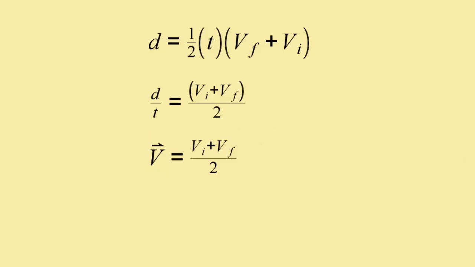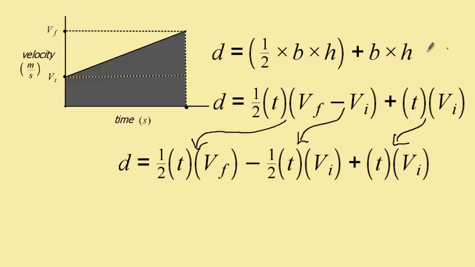What we did, just to back up and kind of review, we started with displacement, as we know, being the area of this rectangle and this triangle. And so we started with area formulas, substituted the variables that we use in kinematics of displacement, time, and velocity into the very same equation.